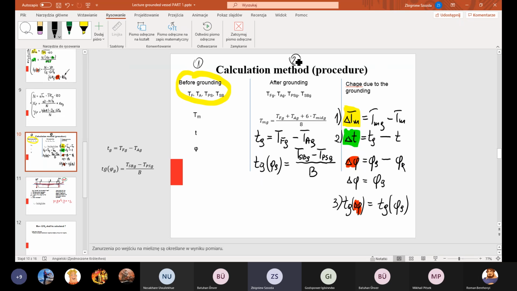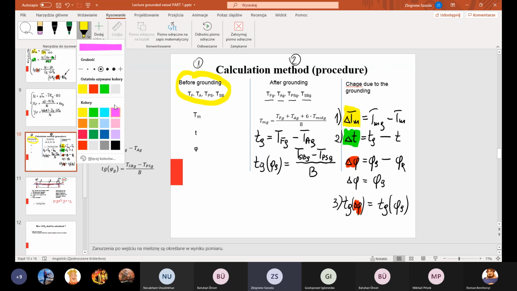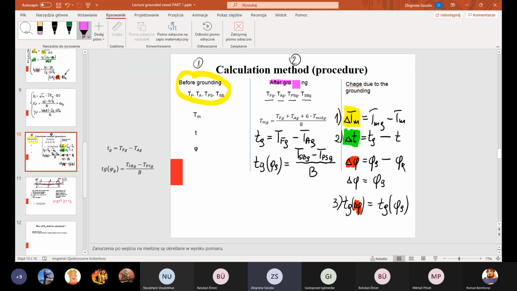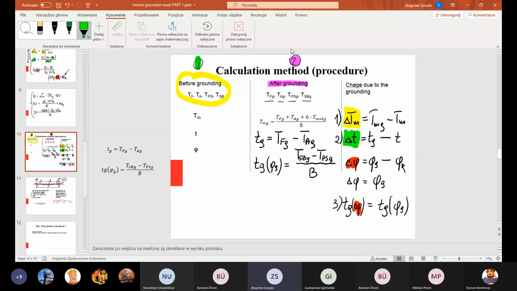The second package of numbers are the aft draft, port side and starboard side drafts after grounding. I will take pink color and show here after grounding. After grounding, you shall somehow determine drafts for aft, port side and starboard side, and have the second package of data for calculations. The first one before grounding and the second one after grounding.